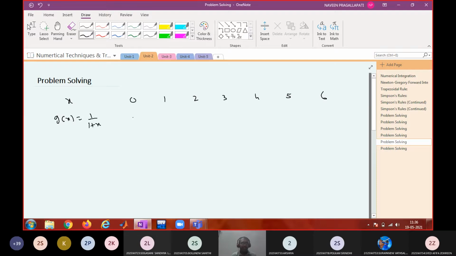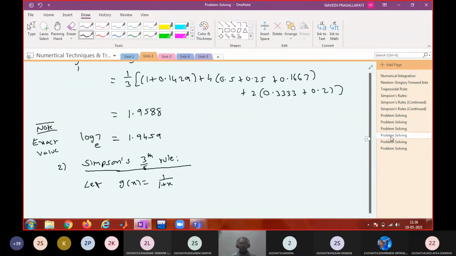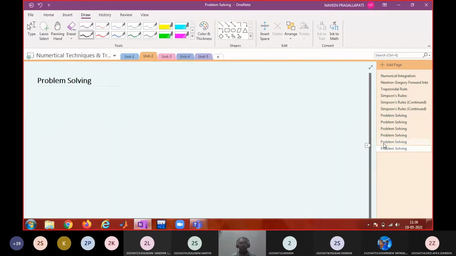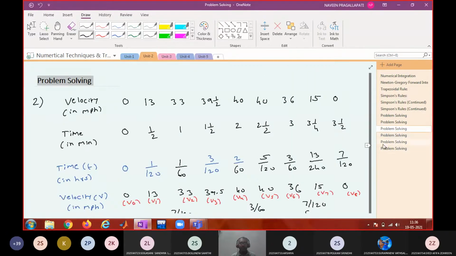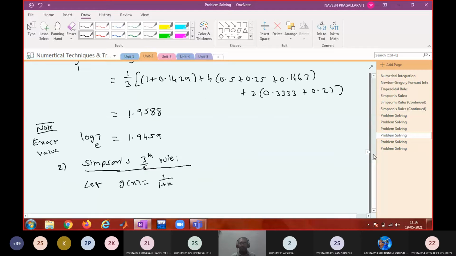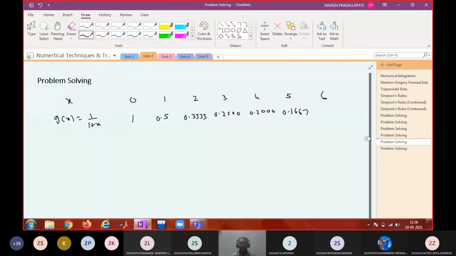Values will be the same. 1 by 1 is 1, 0.5. The y values won't change. So 0.5, 0.33, 0.2500, 0.2000, 0.1667, and the last one 0.1429.